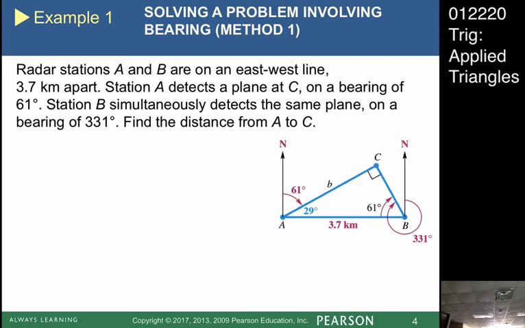And for the sine of 61 degrees, you just pop it into your calculator and it'll tell you what it is. Or we could look it up in our lookup table and pick a value for sine of 60 and maybe add or subtract a little bit depending on where it is in the curve. Multiply that by 3.7 kilometers and it'll give us the distance b between the airplane and the radar tower.